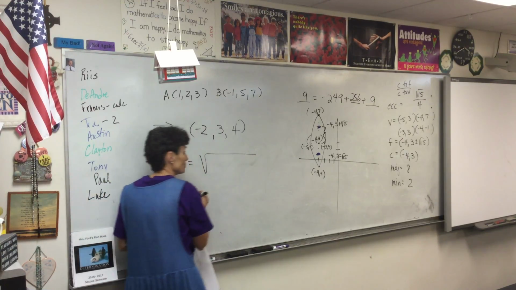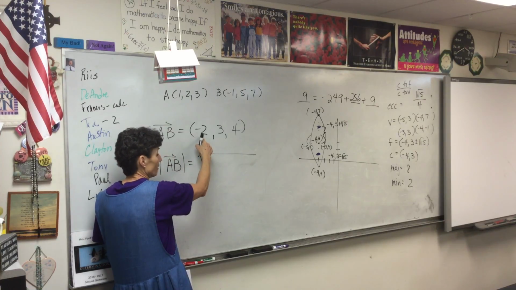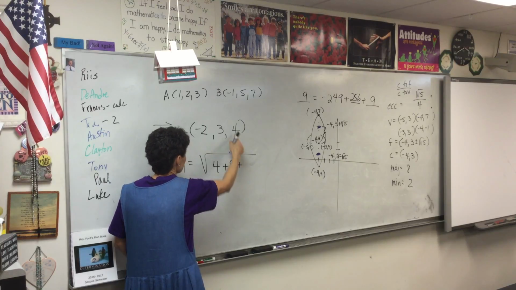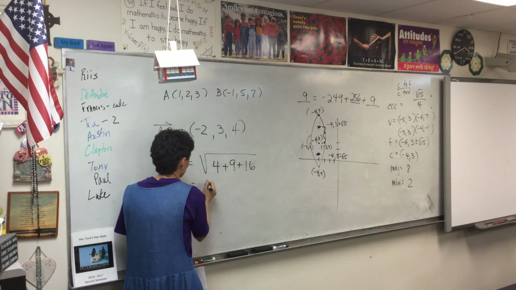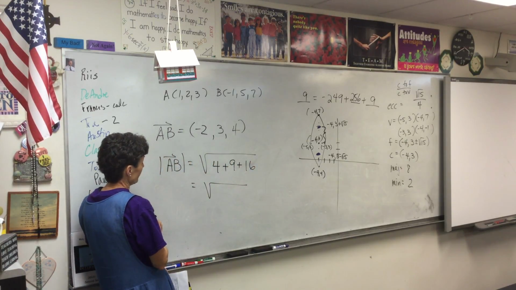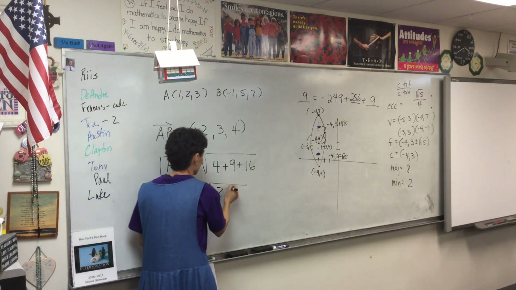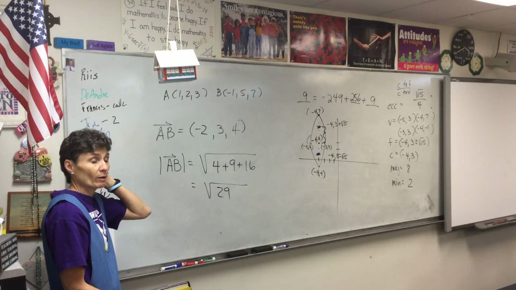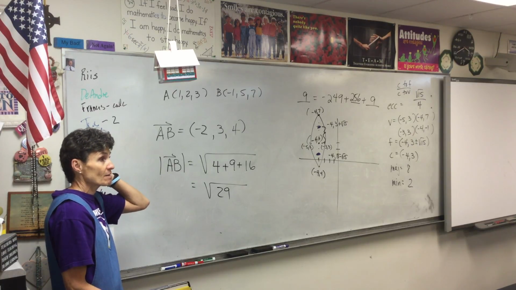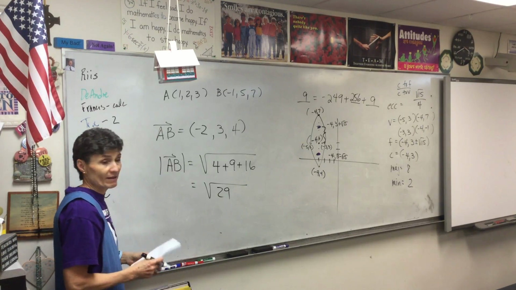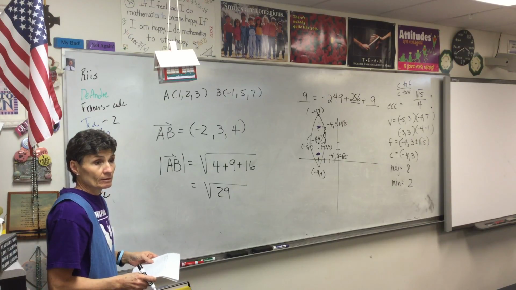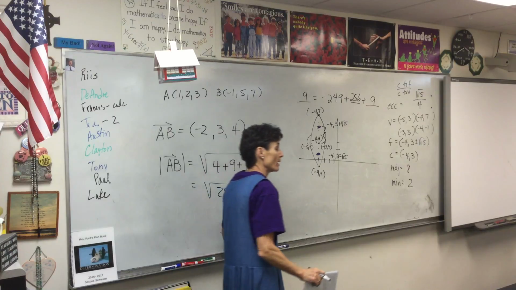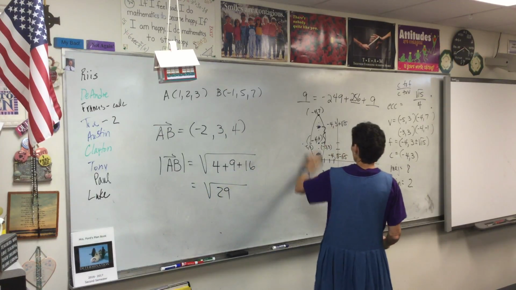So your magnitude is going to be the square root of 4 plus 9 plus 16, which is going to be the square root of 29. Doesn't reduce or simplify in any way. That is the magnitude of that vector. How do we find magnitude? Pythagorean theorem. Square, square, square, add them up and take the square root.